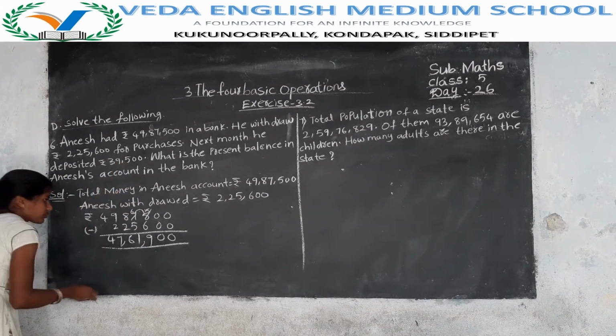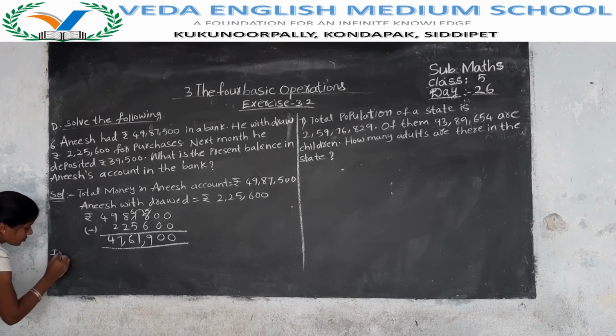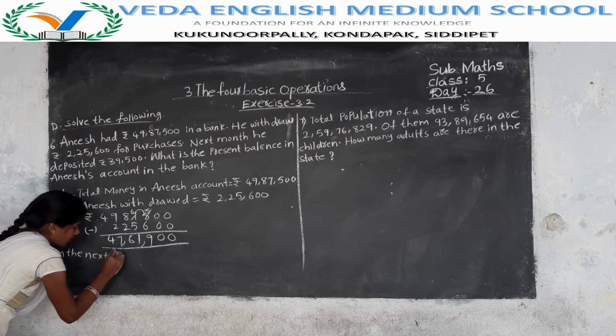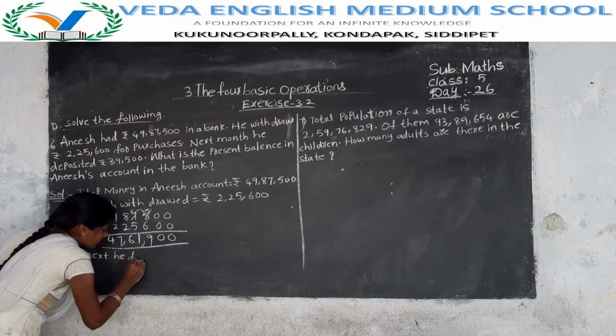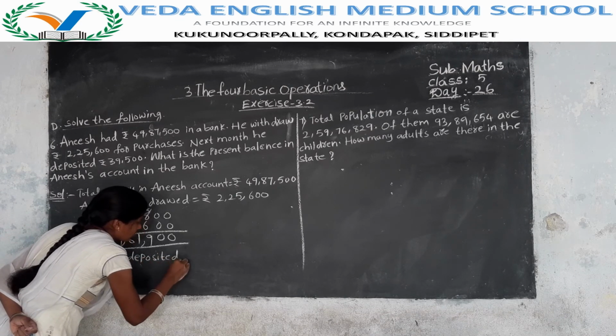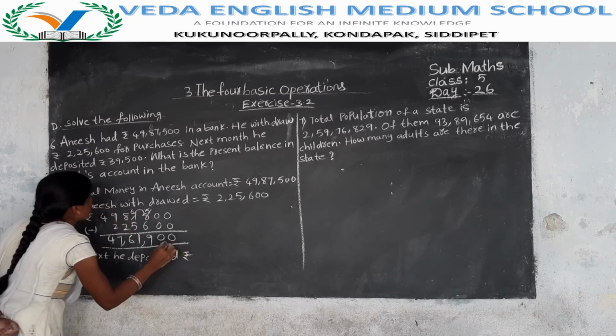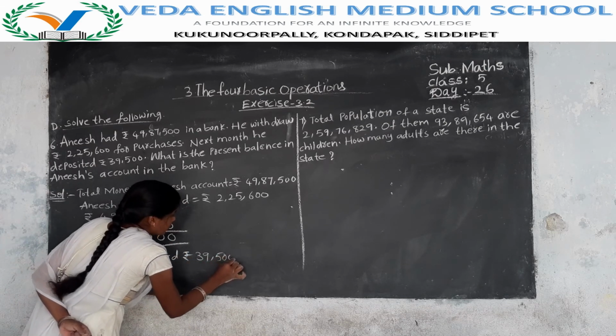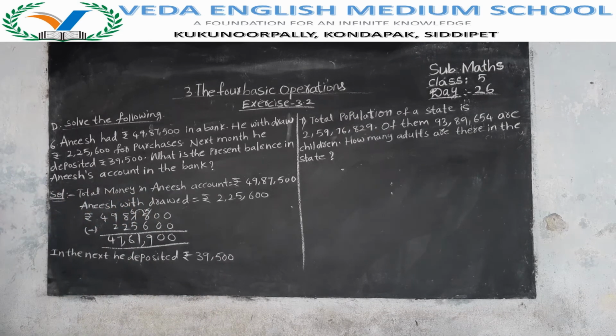So in the next month he deposited rupees 39,500. Now total money.